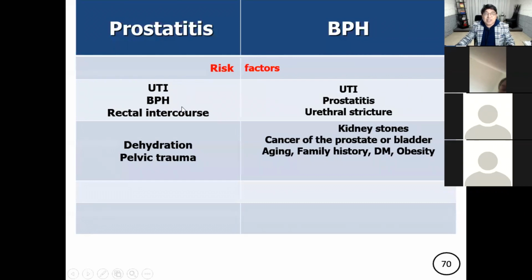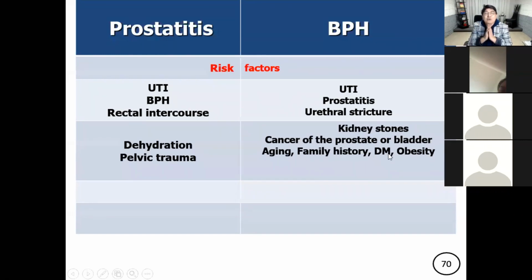BPH is a risk factor for prostatitis, and prostatitis is a risk factor for BPH. Prostatitis could be secondary to rectal intercourse, dehydration and pelvic trauma, while BPH could be secondary to urethral stricture, kidney stones, cancer of the prostate or bladder, aging, family history, DM, and obesity.